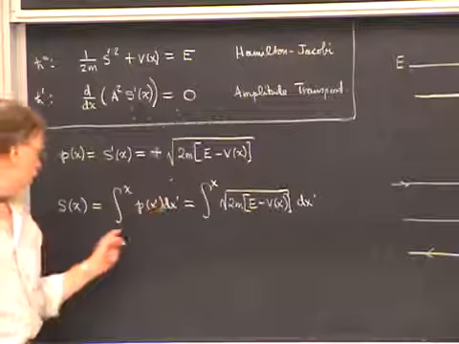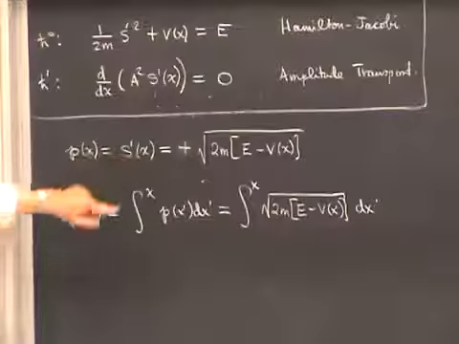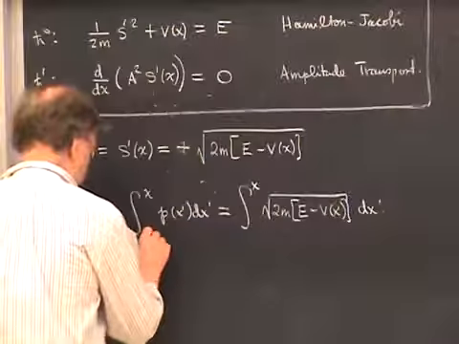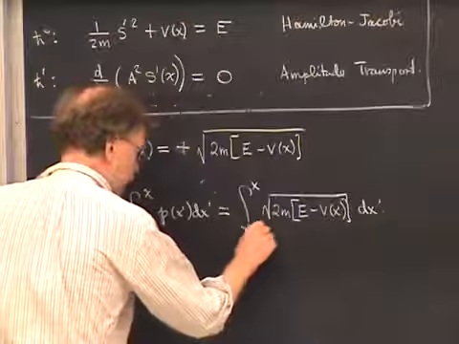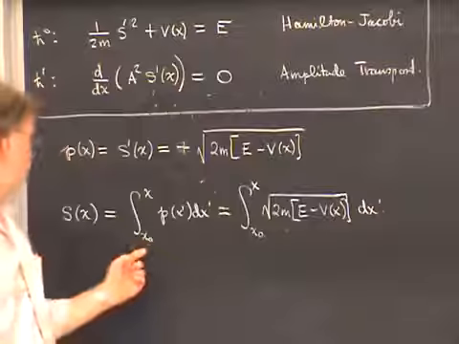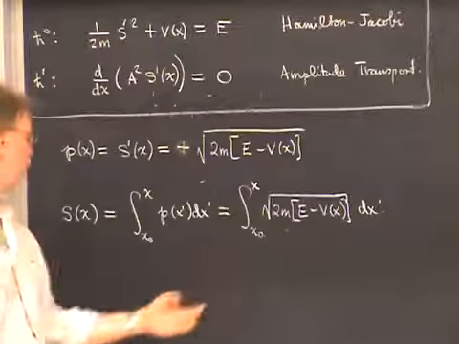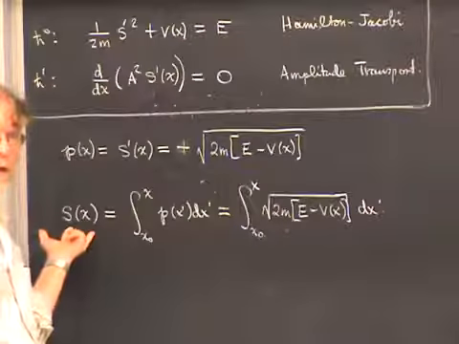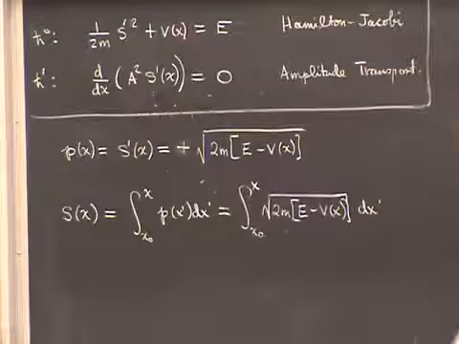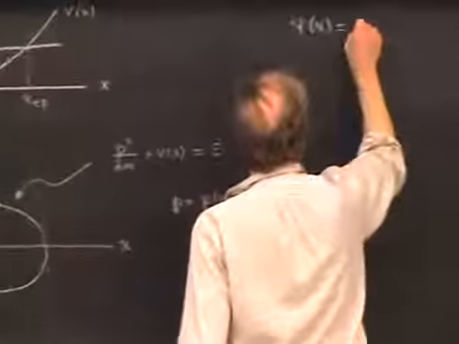What about the lower limit of this integral? The lower limit of the integral is nothing but a constant of integration of the Hamilton-Jacobi equation. You can set it equal to anything you want because it's a constant of integration. We just call it x0. If you change x0 to something else, x0 prime, all it's going to do is add a constant to S. And since S is the phase of the wave function, let me write the WKB ansatz down again so that you have it here on this board.